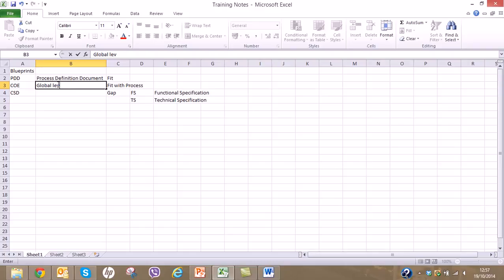It's called configuration object element. Configuration means configuration with the standard template, and CST is configuration specification document. It can be at local or regional level.